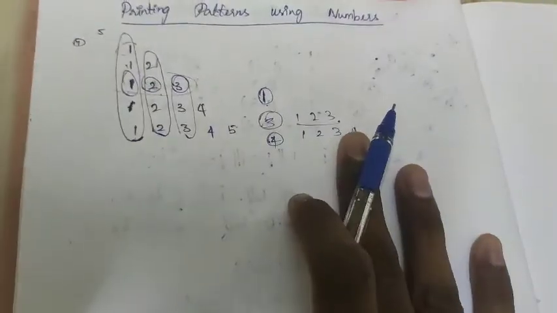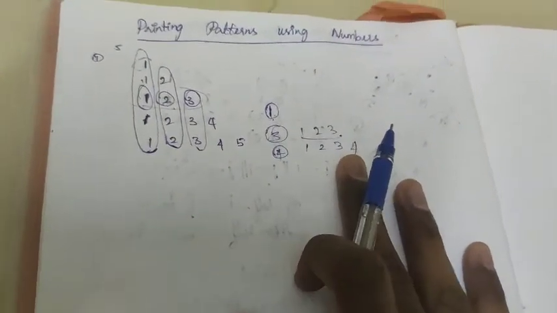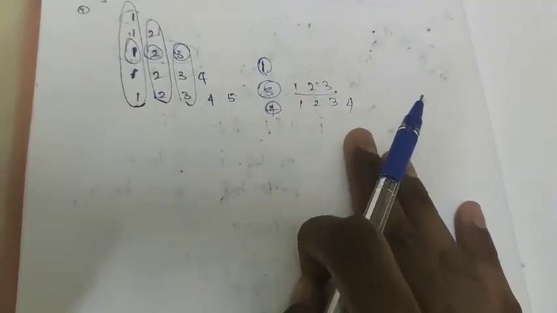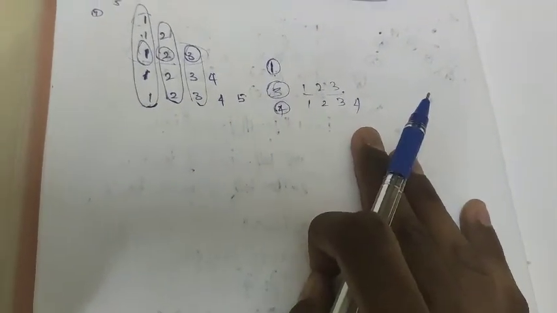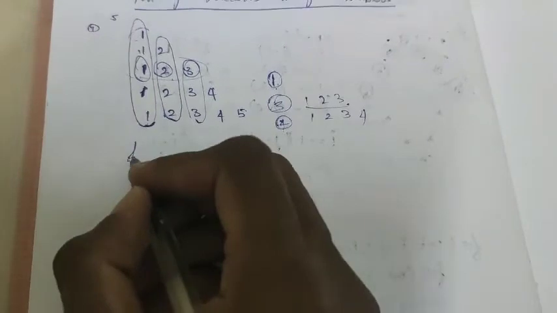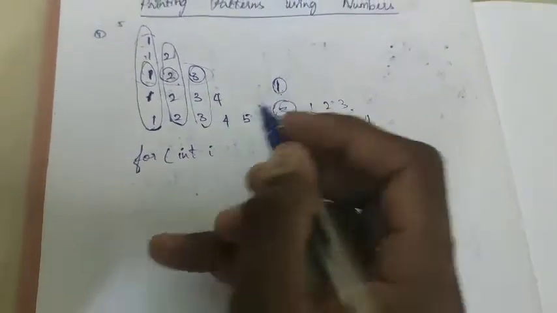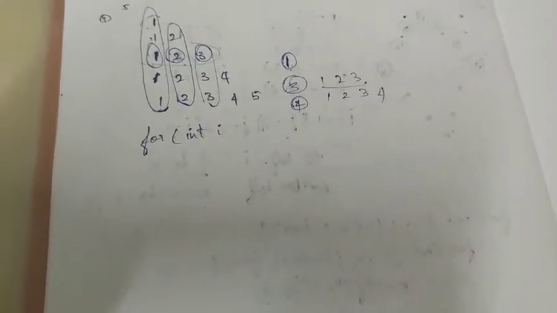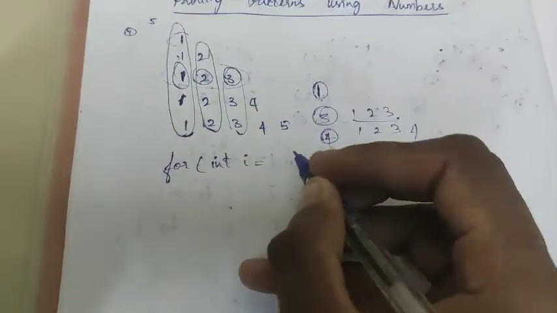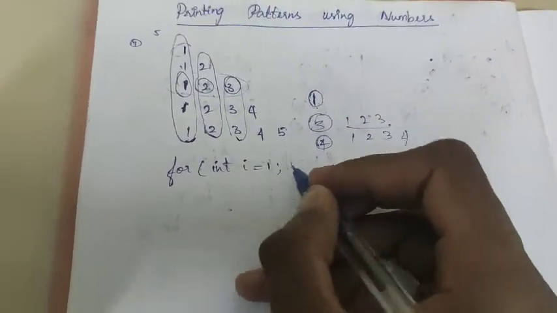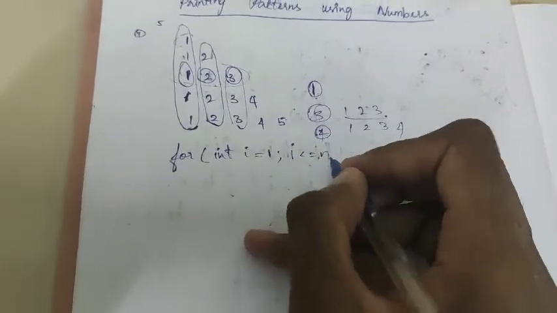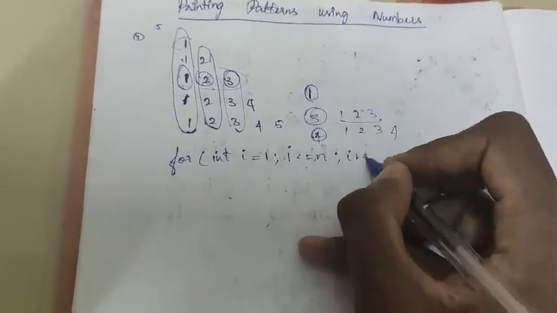This program can be implemented using a single outer for loop and a single inner for loop. For the outer for loop, I am taking i for rows: i is equal to 1, i less than or equal to n, and i plus plus.